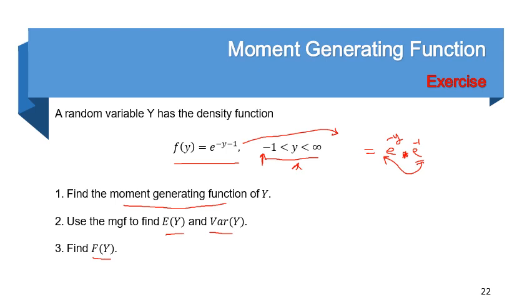Infinity is like going to the end of your right direction without a limit. So you will have two pieces for your capital F: either y less than negative 1, or y between negative 1 and infinity. Try to find the capital F of y as we did before. If you have a problem, you either send me or send to the TA, or ask the TA by the group she sent to you, in order to know how to solve this exercise.